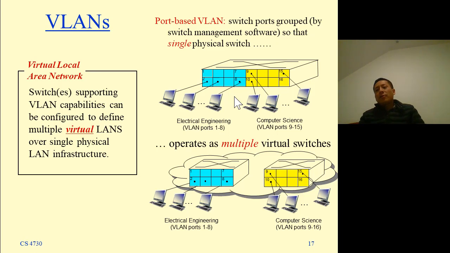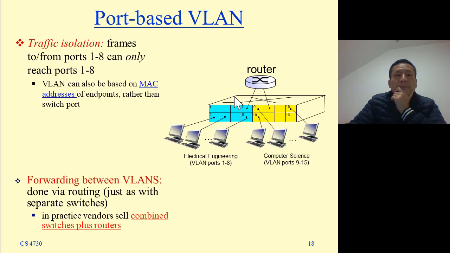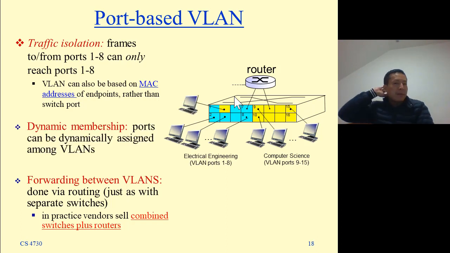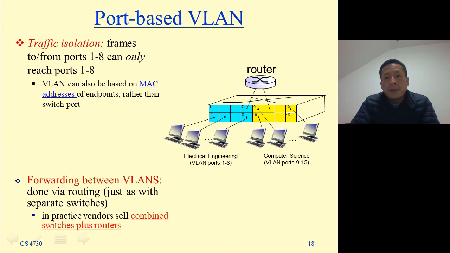So when you buy something, you can configure it dynamically. It works just like many LANs. So that's a good thing. You can do traffic isolation by using this port-based VLAN. For example, if you assign ports 1 to 8 to electrical engineering, then the traffic will be limited among these 8 ports.